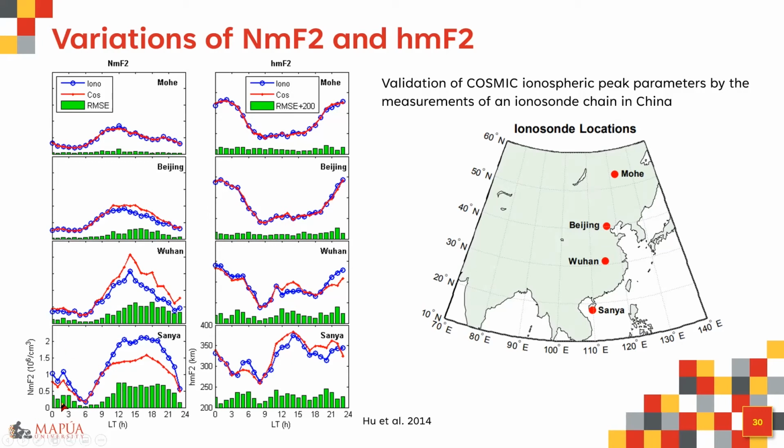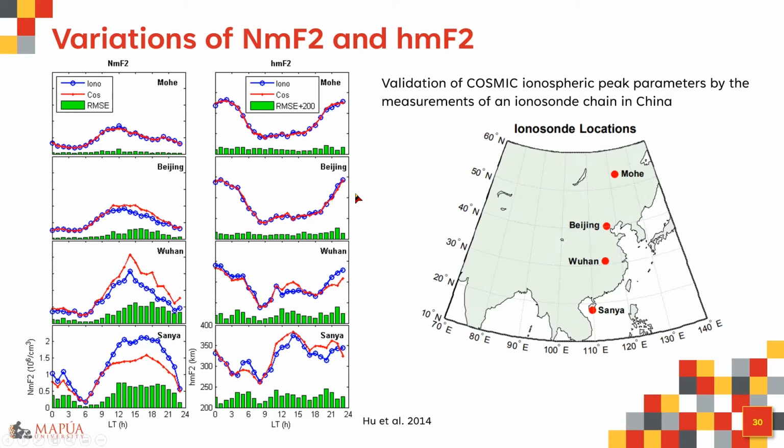But at nighttime, it is expected to have higher heights but lower ionization or electron density. So with your question earlier, this is in NmF2. At higher latitudes, around mid latitudes, the NmF2 is low. Towards the low latitude regions, the ionization is higher.